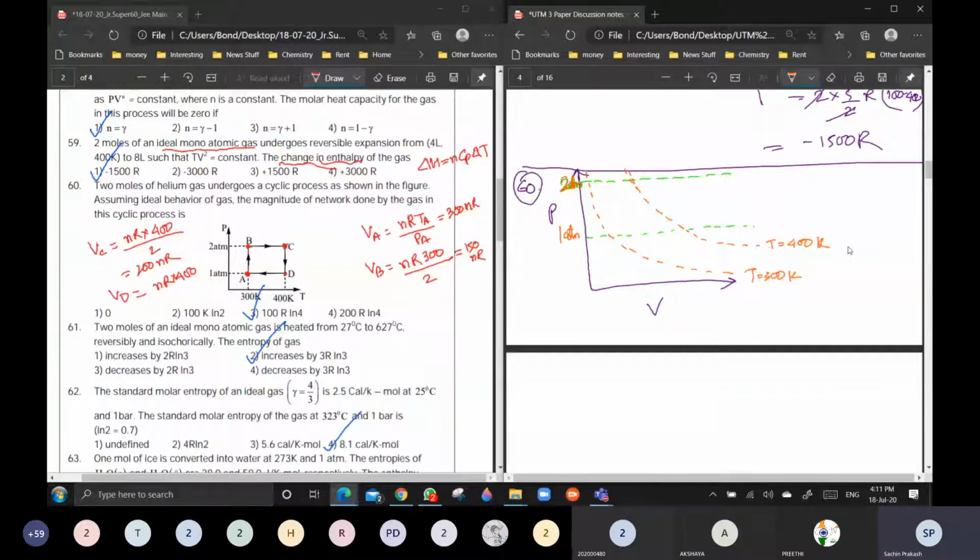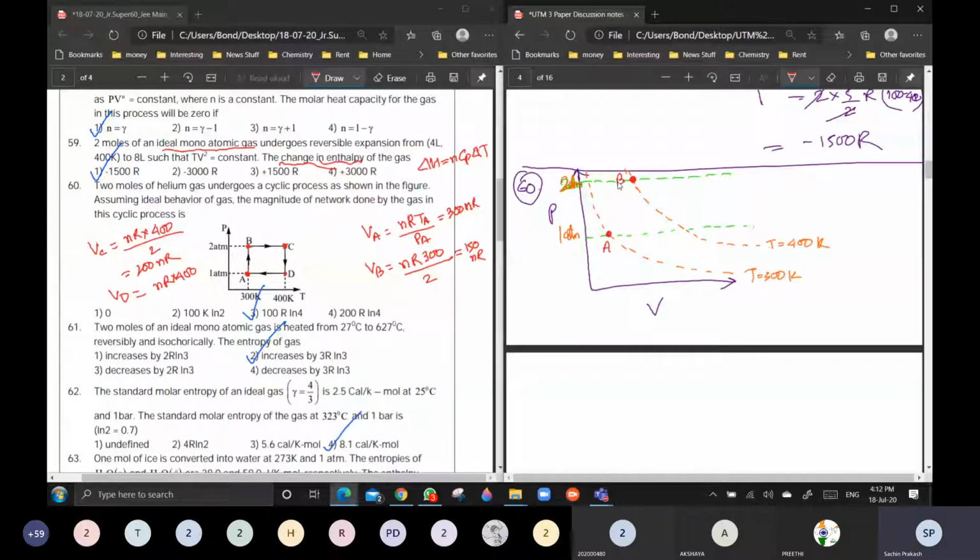Now, point A is at 300 Kelvin and 1 atm pressure. So this is 300 Kelvin and this is 1 atm. So this will be my point A. Second is point B. Point B is at 2 atm, so 2 atm is this line, and 300 Kelvin. So point B is here.